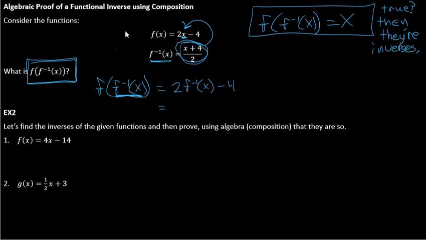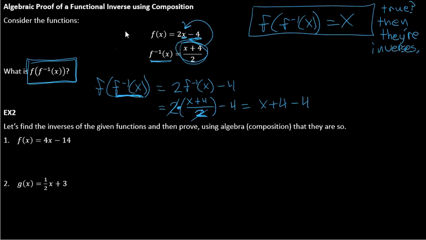And what that amounts to is 2 times the actual function, so x plus 4 all over 2, and then I still have to do the minus 4. Next, you can see right here, I'm multiplying by 2 and also dividing by 2. Those two are inverses. That's gone. So what I'm left with is x plus 4 minus 4.